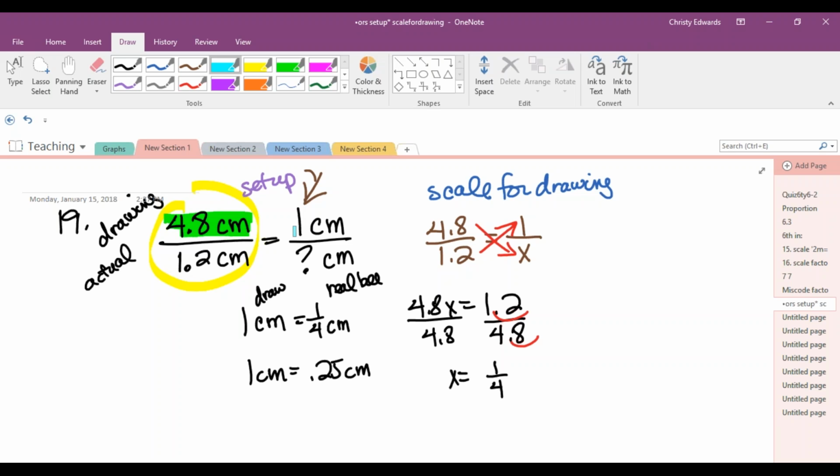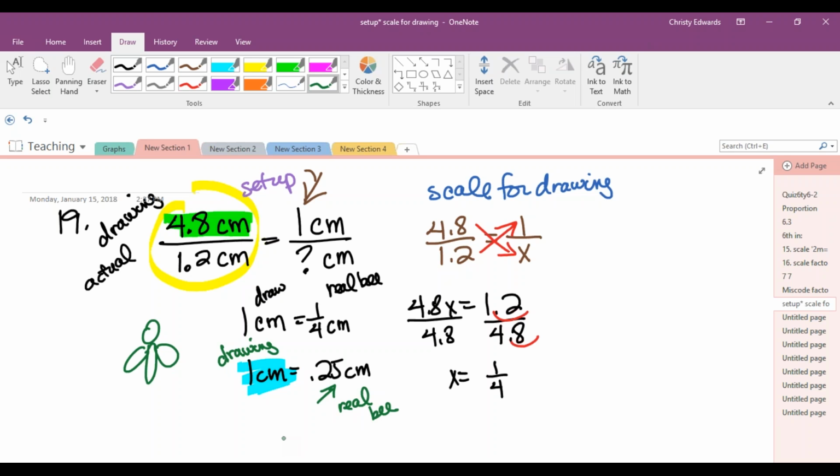Here's the thing. They want the drawing to be the basic measurement. Every 1 centimeter on the drawing that we have for you of the honeybee is equal to 0.25 centimeters on a real honeybee.